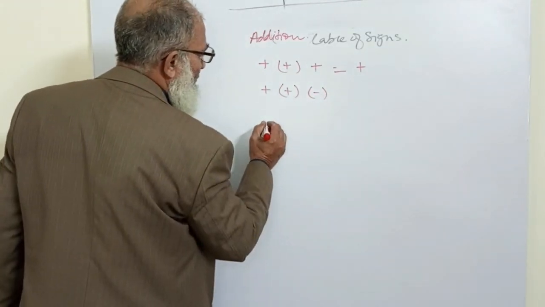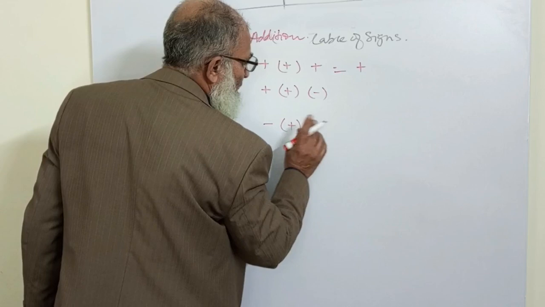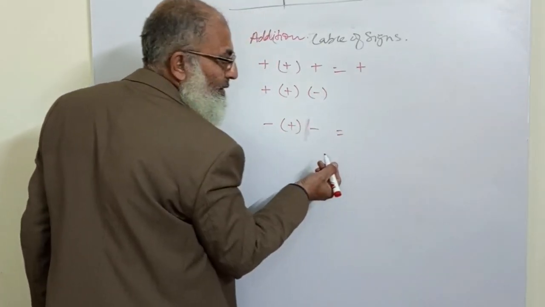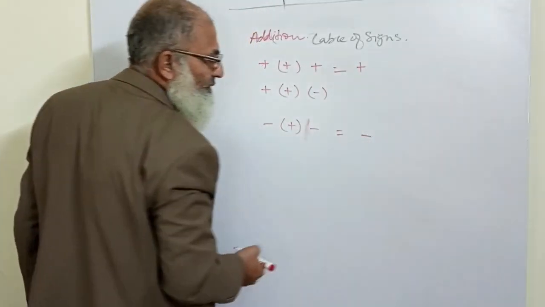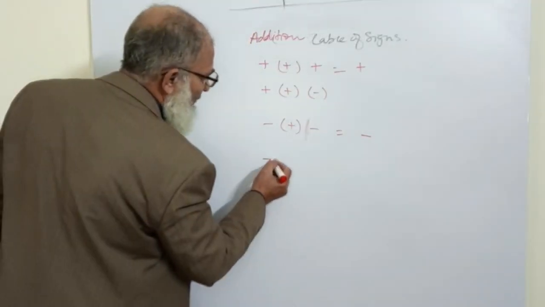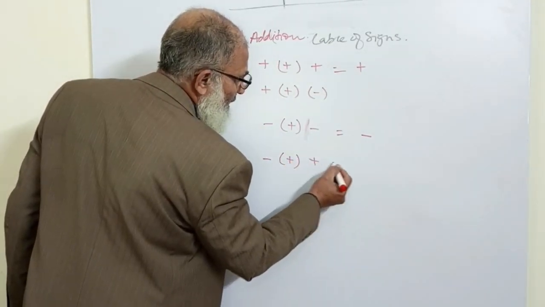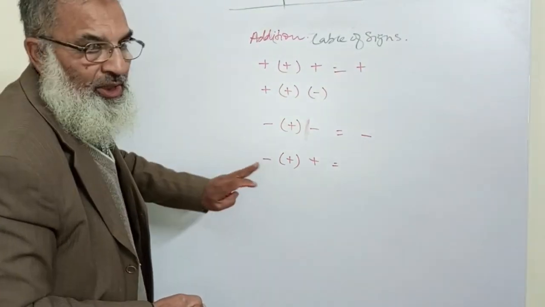I leave this here. When we add two negative numbers, we have to find the sum, but with the negative sign. And I am going to leave this again here. Now these two depend upon the situation.